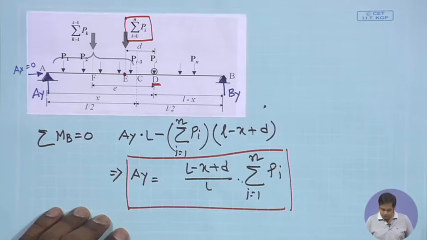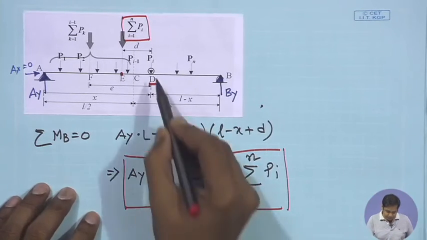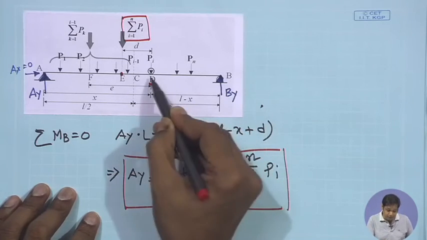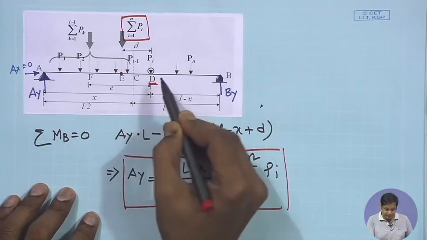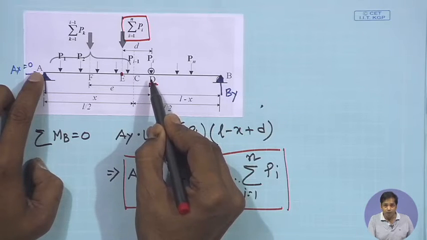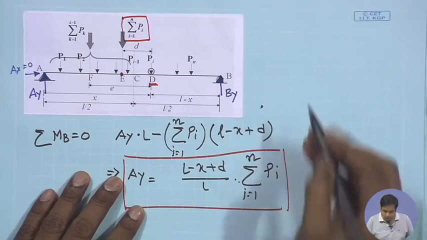Now, once we know the support reaction, we want to determine the condition for which the moment at D is maximum. So, let us find out the moment at D. In order to do that, let us take AD and draw the free body diagram of AD.